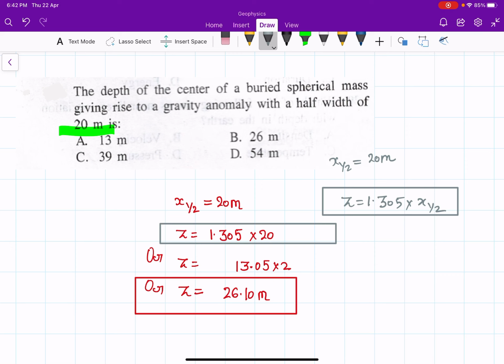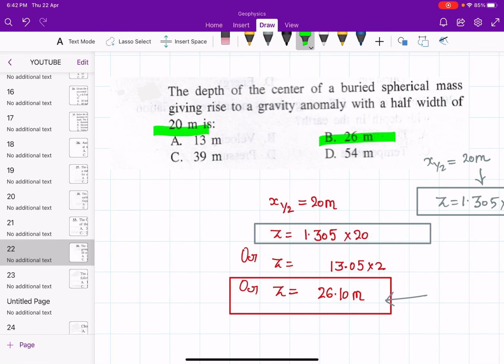So by putting the value of x half as 20, you will get the value of z, which is 26.10. So our option B, 26 meter, will be the correct answer.